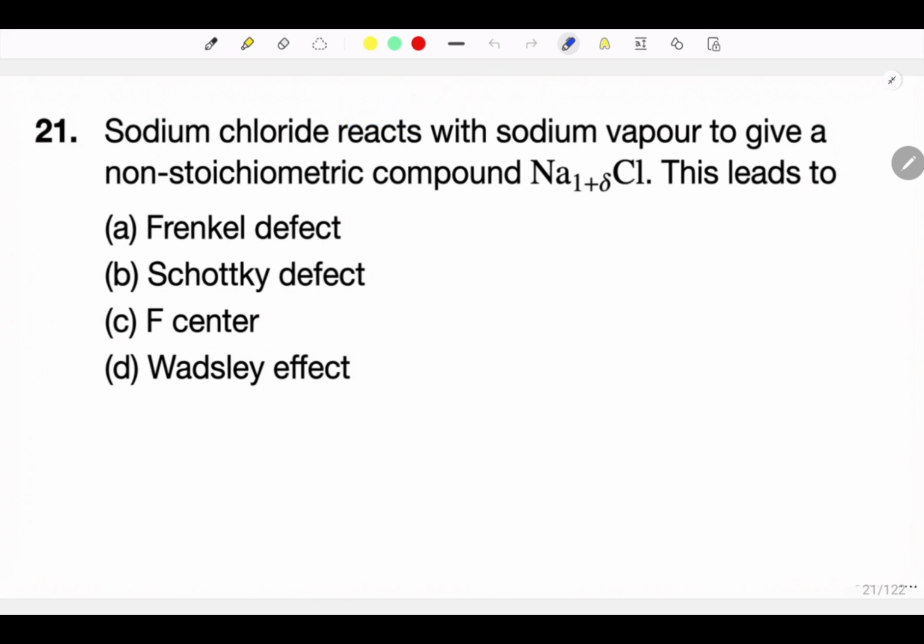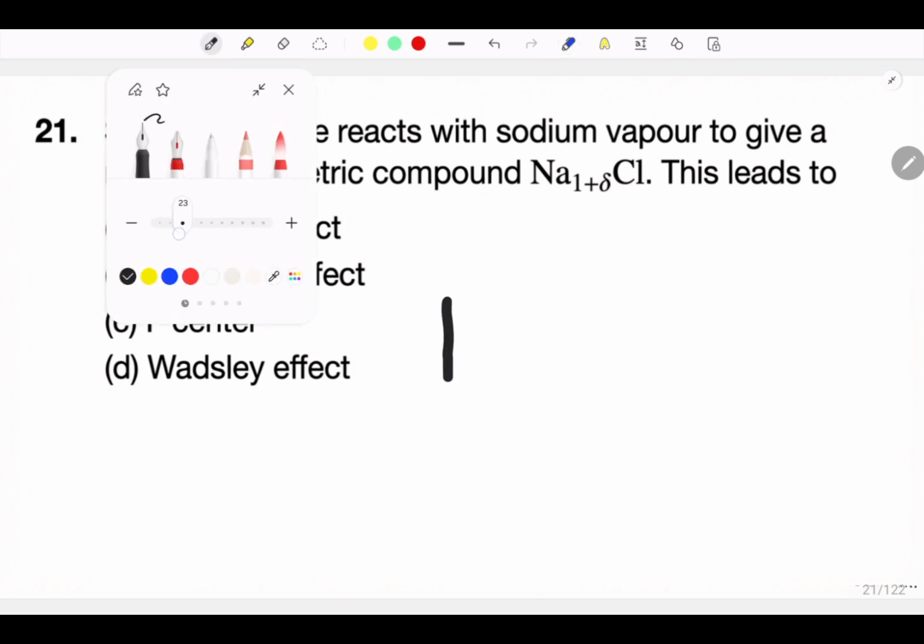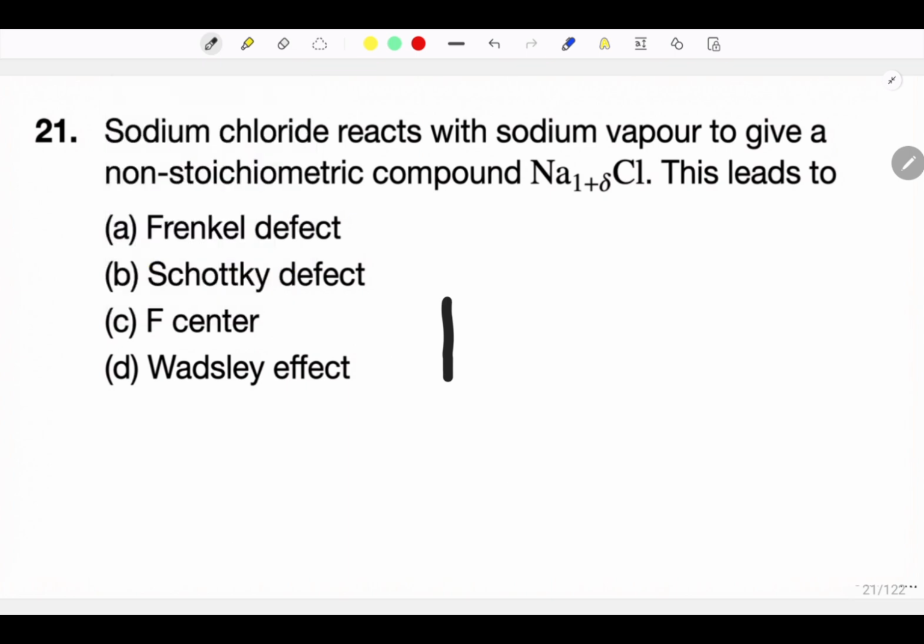So the first question is: sodium chloride, when reacted with sodium vapor, gives a non-stoichiometric compound. What does this lead to? This is an interesting question. Suppose this is a NaCl crystal.